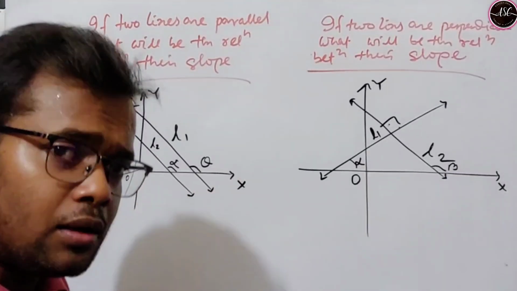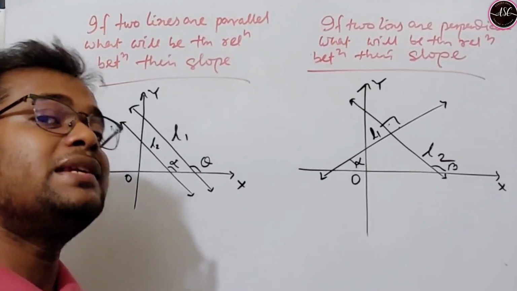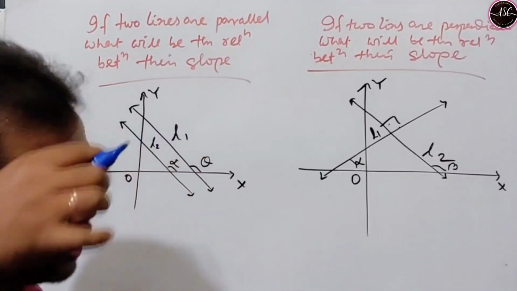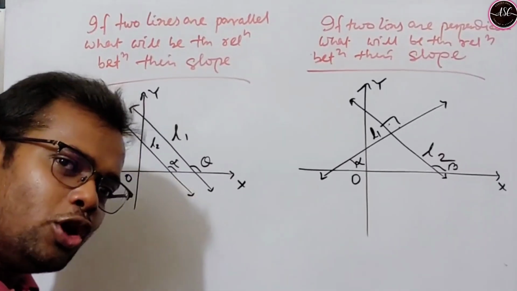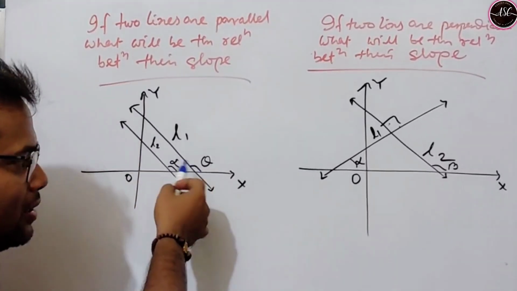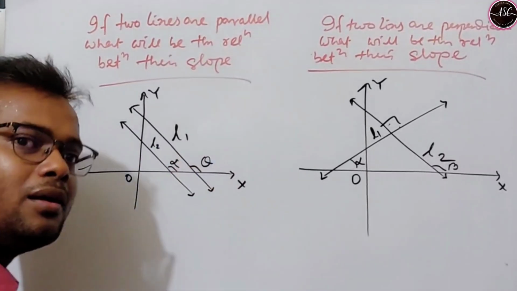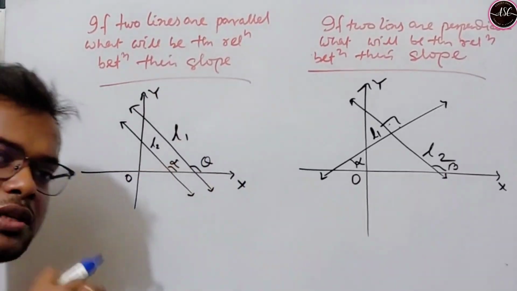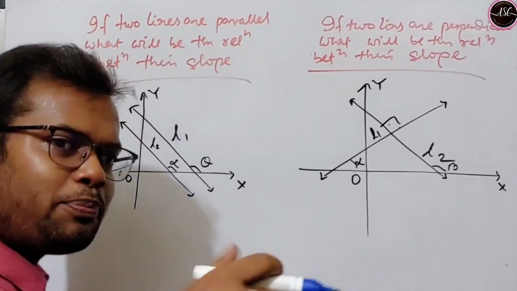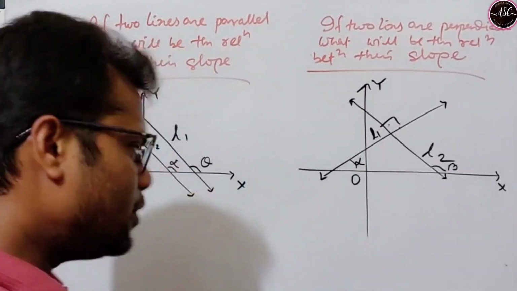If two lines are parallel, what will be the relation between their slopes? Just look, L1 and L2 both are parallel, so the inclination of L1 is theta and of L2 is alpha. Obviously, as they are parallel, their angles will be the same.